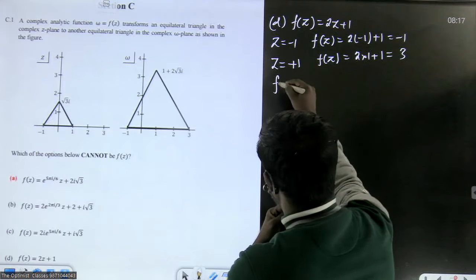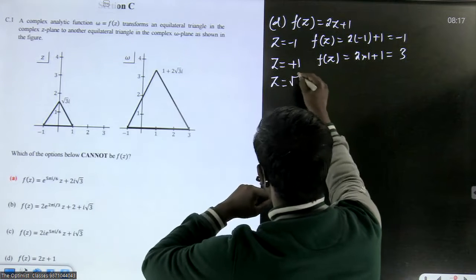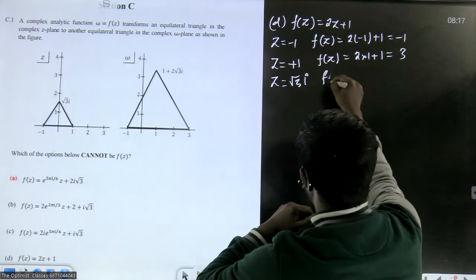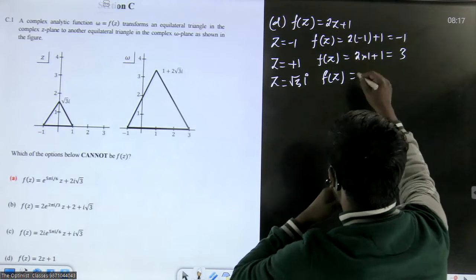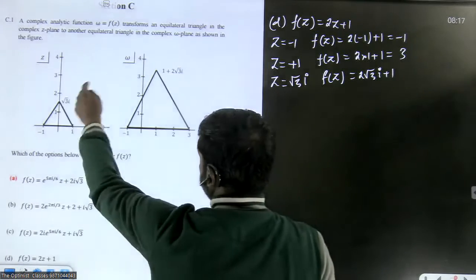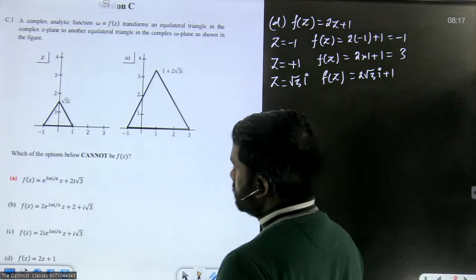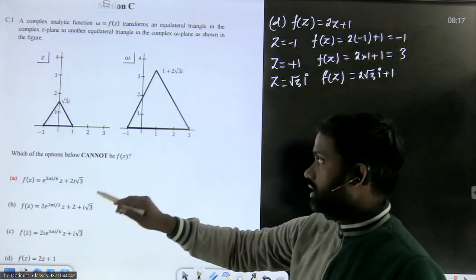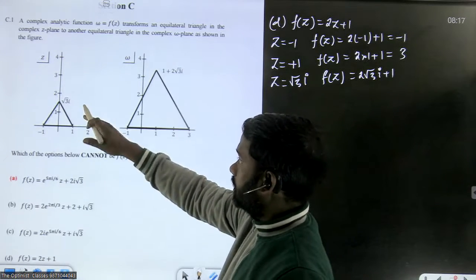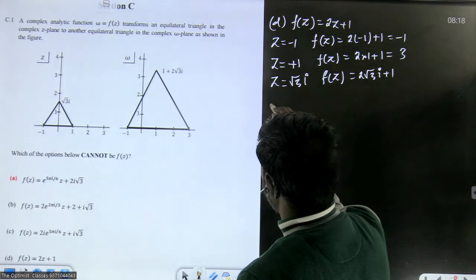And now if you put z equal to this one, √3 i, then f(z) will become 2√3 i plus 1. So we can say this point is transforming to this point, 1 plus 2√3 i. Okay, so therefore we can say this function is satisfying this situation.